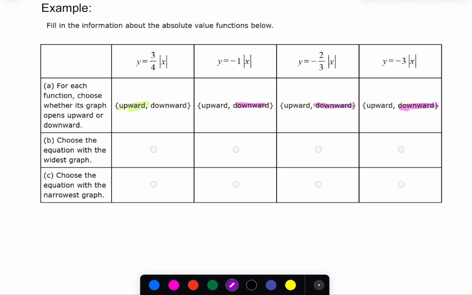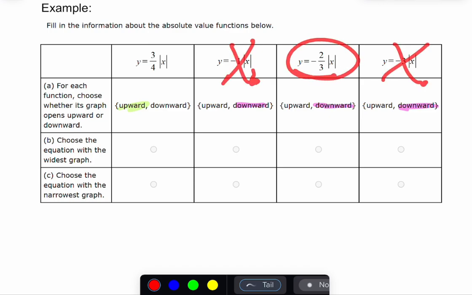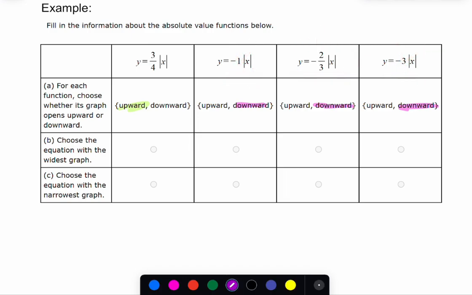So the widest graph has the number closest to 0 out front. So here, that's the skinniest. Next skinniest. 3/4, which one is 0.75, 0.6? This one here is closest to 0. So that's the widest.